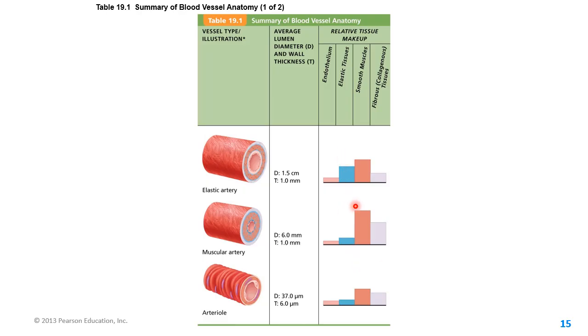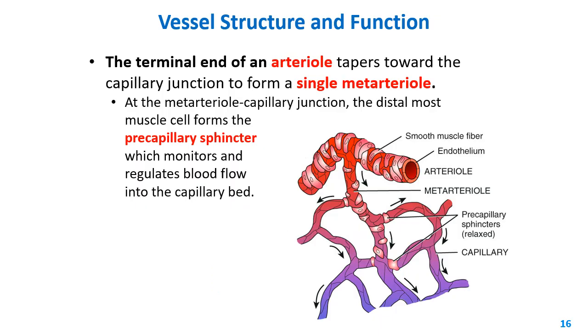But here, when you look at your muscular arteries, you also have a very prominent tunica media and structural, fibrous tissues. Then when you compare with the arterioles, you have a different type of distribution of those tissues. So be familiar with what they are and what their functions are.